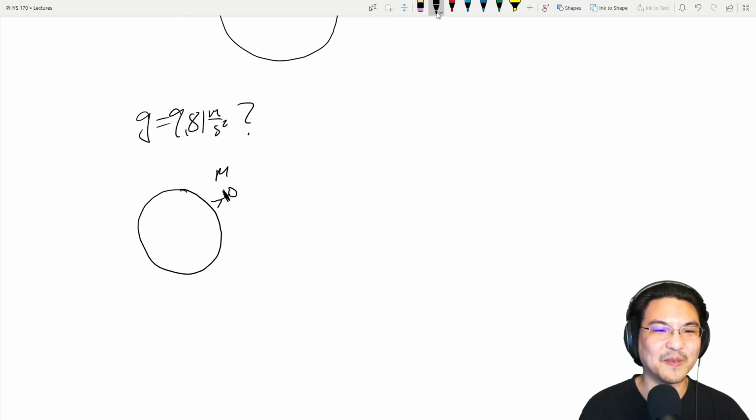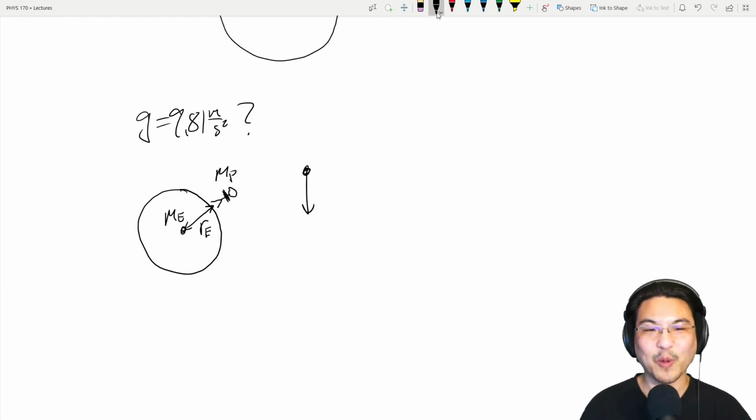That's the mass of the person, and here's the mass of the Earth. How far is this? That's the radius of the Earth plus that 1 millimeter you jumped above the surface. What is your free body diagram?